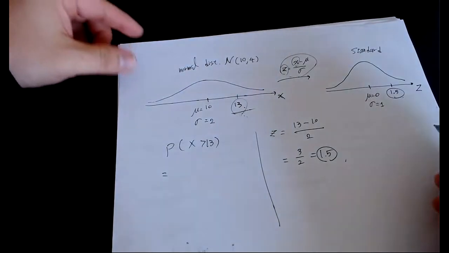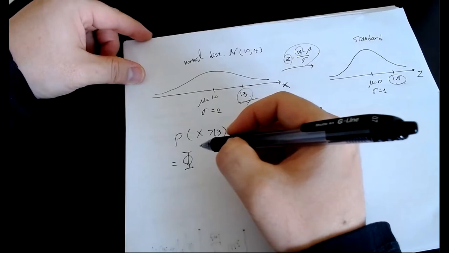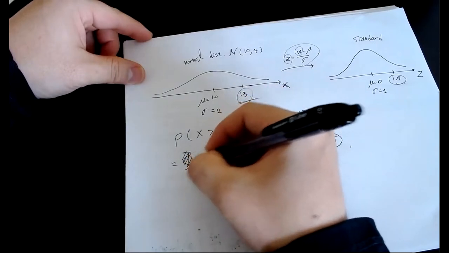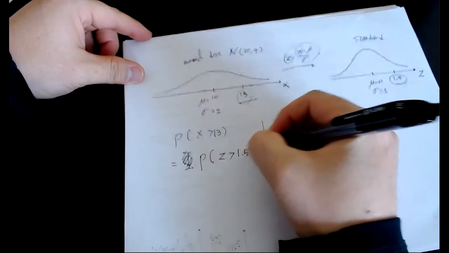We got this, and I'm sorry, not phi, it should be P, and then Z greater than 1.5.